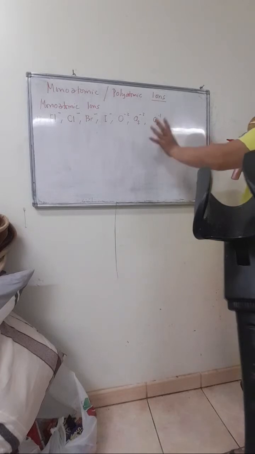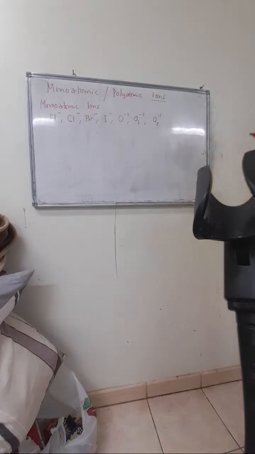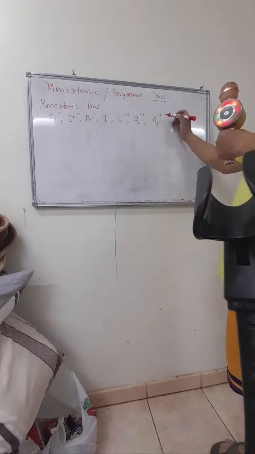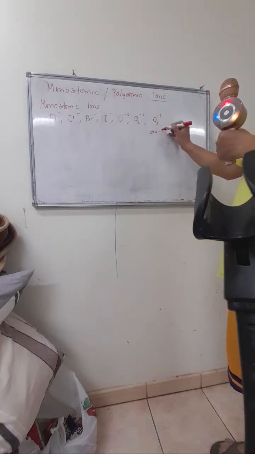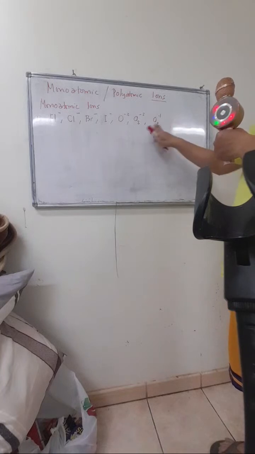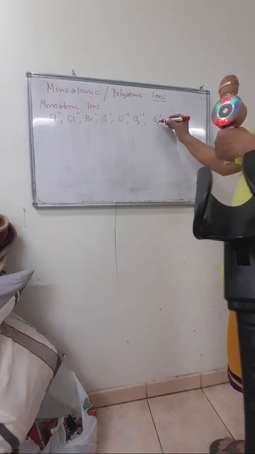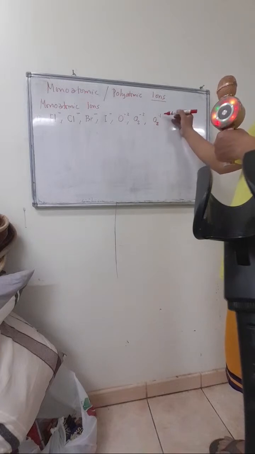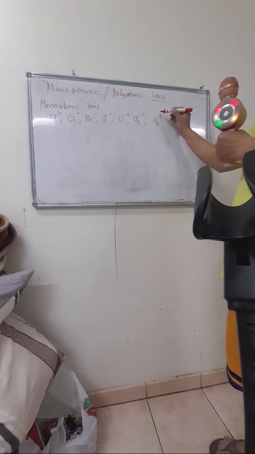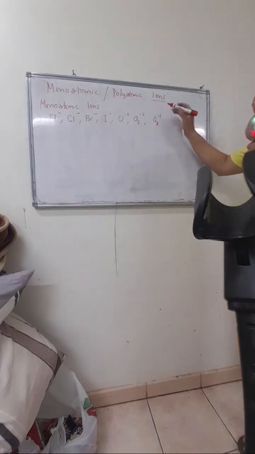Okay, that's correct, because if we try to compute the oxidation number, 2 times x is equal to -1, then x is equal to -1/2. So the oxidation state of superoxide is -1/2, while the charge is -1.